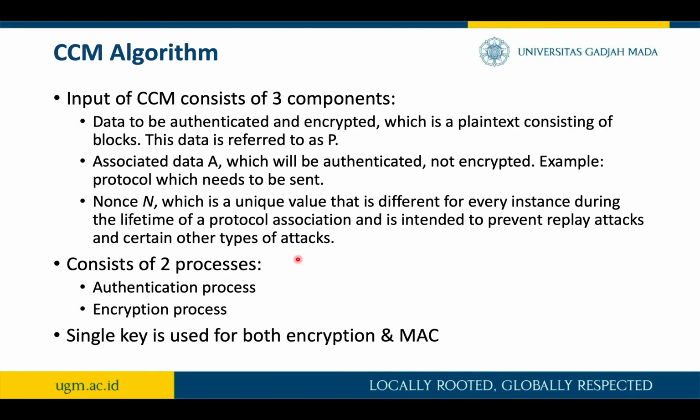This is the algorithm. The input here consists of three components. The first one is data to be authenticated and encrypted, which is plain text consisting of blocks. This data is referred to as P. Then we have associated data A, which will be authenticated but not encrypted.